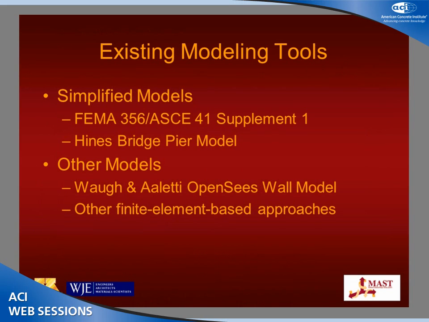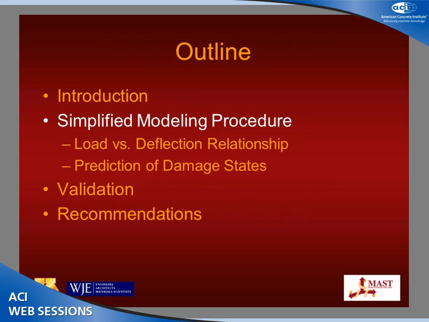For existing modeling tools, for simplified models, there is FEMA 356 updated to the ASCE 41 supplement, and then the Hines bridge pier model from UCSD, and then also more involved models, Letty's OpenSees wall model, and other finite element based approaches.